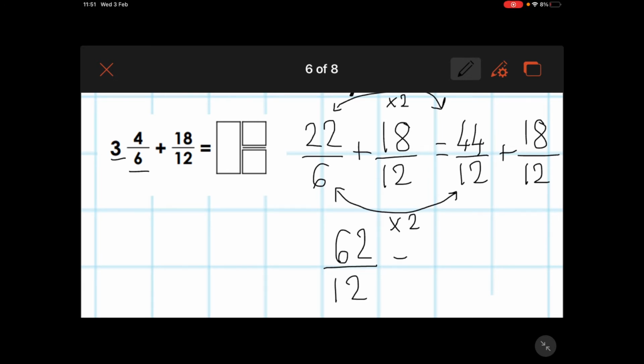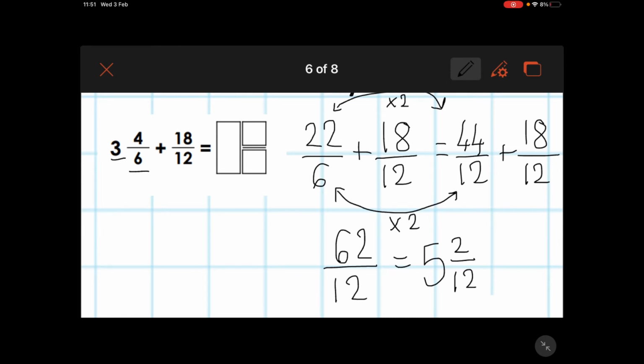Now I want to express this improper fraction as a mixed number, so I need to ask myself, how many 12s are there in 62? Well, I know that 12 times 5 is 60, so there are 5 wholes with 2 remaining and a denominator of 12. 5 wholes and 2 12s.